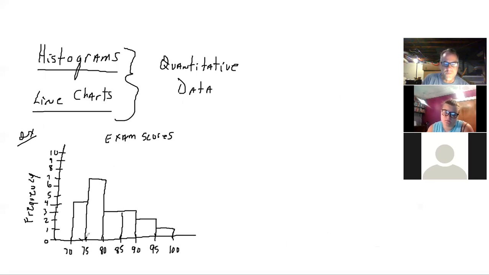The way it works is, if I had a score of 70, it would go into this bar. If I had a score of 75, it goes into this bar. So scores between 70 and 74 go solely into that bar, the way it should. So I clearly know where each goes. And again, I could do these in color, and so on. So that is a histogram.